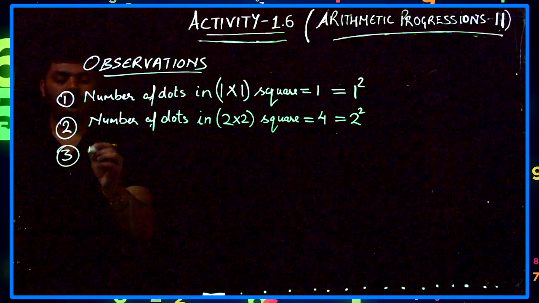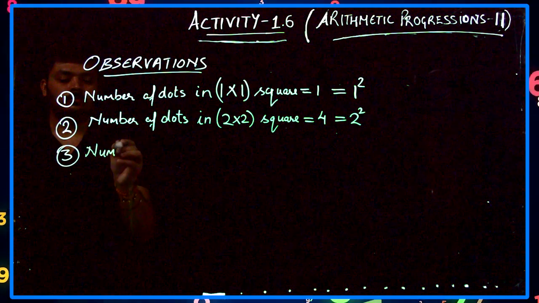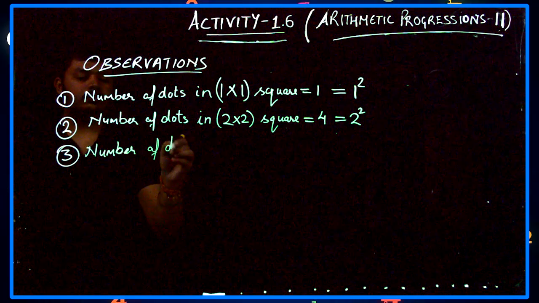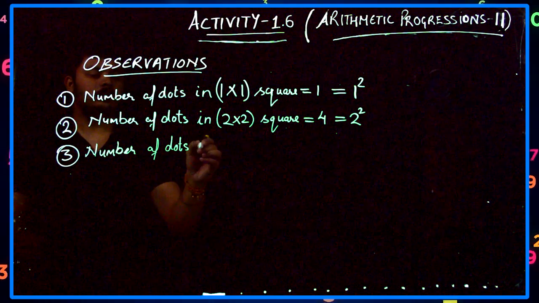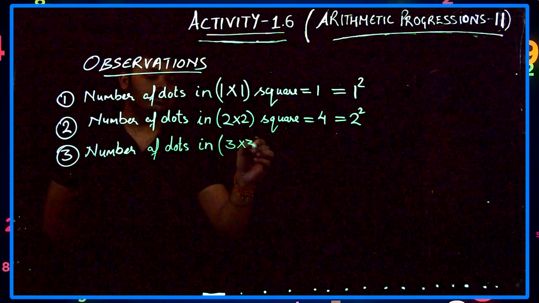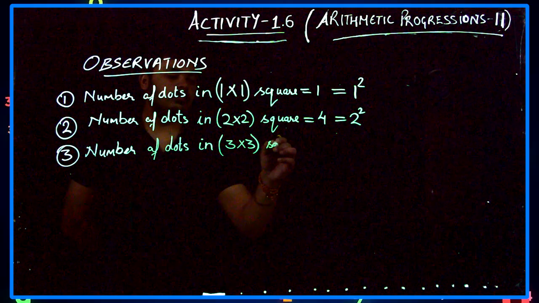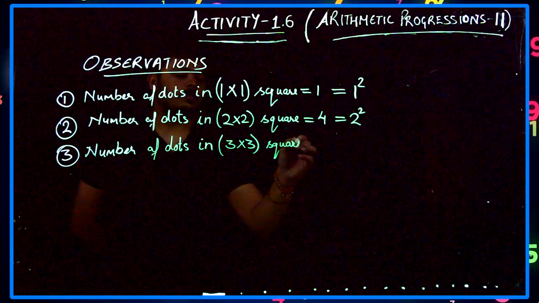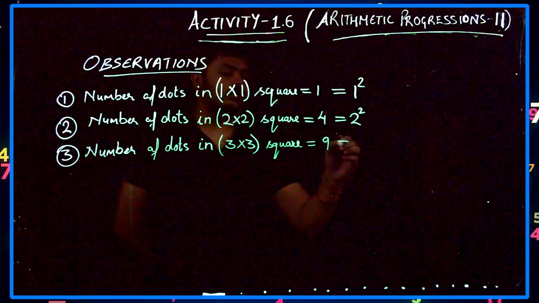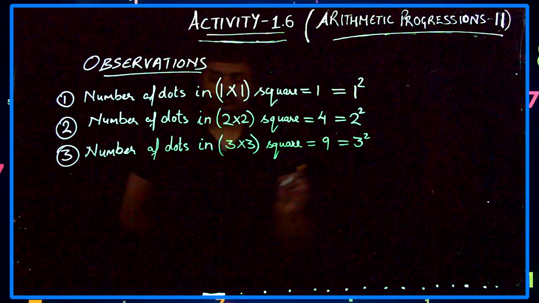Similarly, the number of dots in the 3 by 3 square equals 9, that is 3 square.